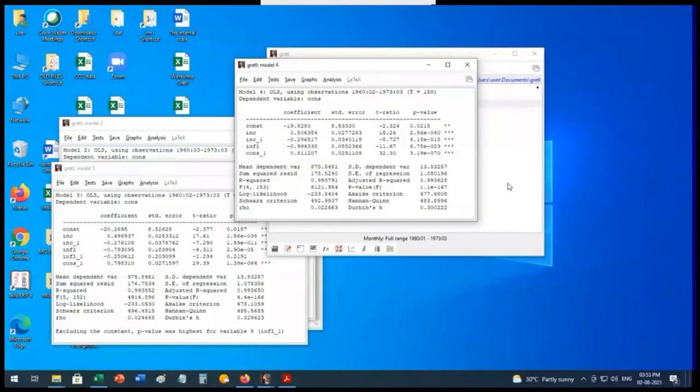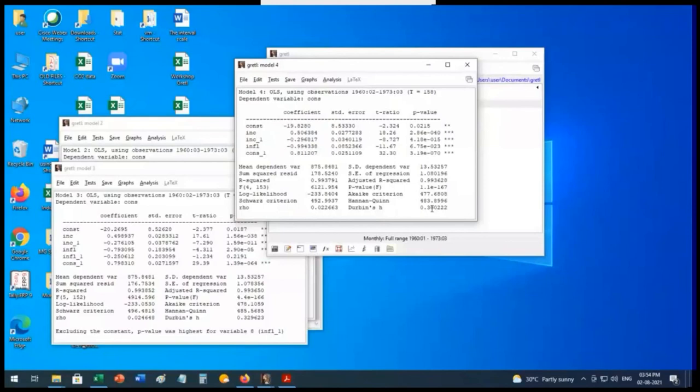Because Gretl knows that we are doing an autoregression, and in an autoregression the DW statistic, the D statistic, is not reliable. Gretl knows that. In such cases, we have to use Durbin's H. And Durbin's H value is 0.3. We know Durbin's H follows the standard normal distribution, so we compare this with the normal critical values, that is 1.96 at the 5% significance level.